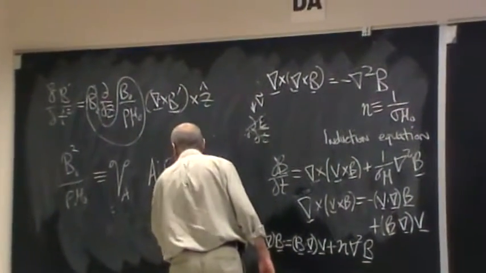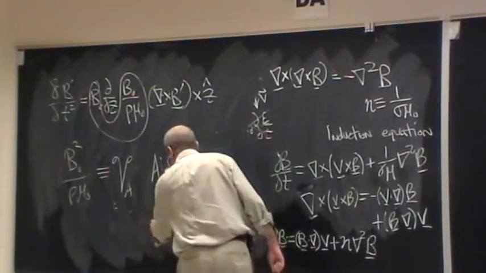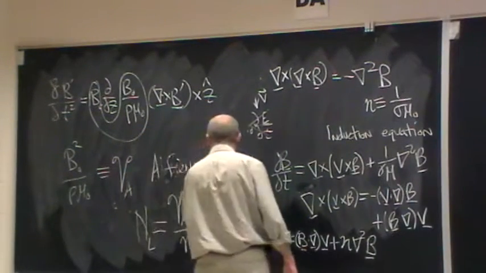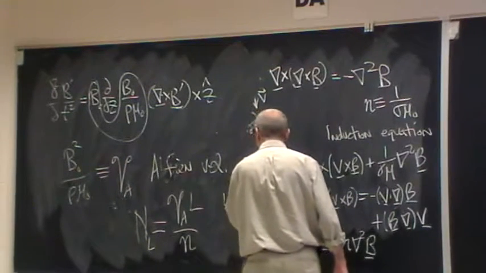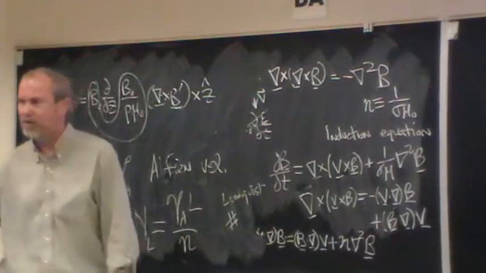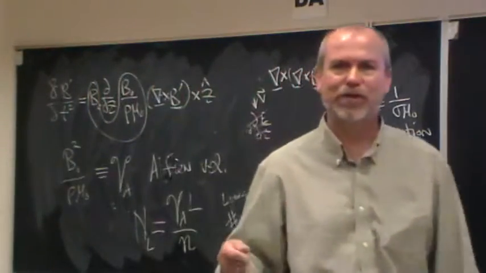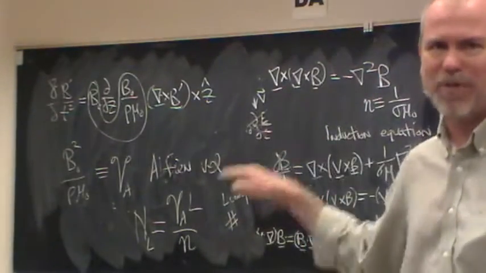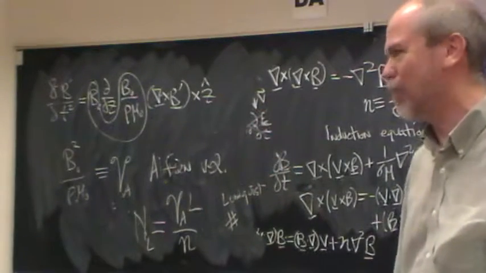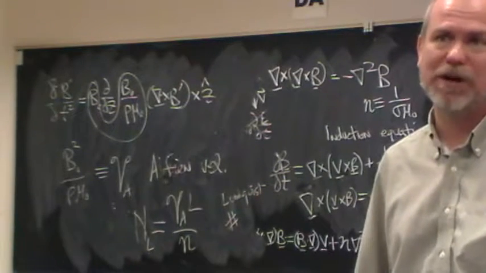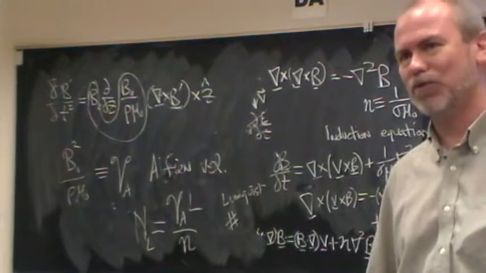If you form a magnetic Reynolds number from the Alfvén velocity, this is called the Lundquist number, which we'll call S sub L. Now you notice this is a magnetic Reynolds number in some sense, but using the Alfvén velocity. It turns out in astrophysics, usually when the astrophysicists say magnetic Reynolds number, they mean that. So just beware that different communities use slightly different words for the dimensionless groups. But the Lundquist number is actually the quality factor of Alfvén waves in most situations. So if that gets high, everything gets relatively wavy.